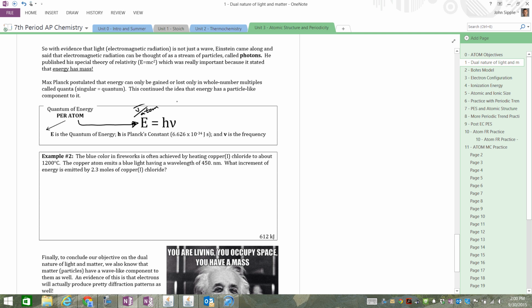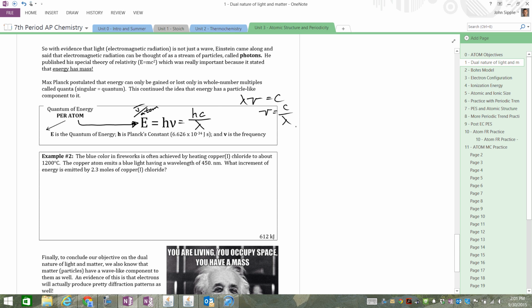So Planck figured out that his constant is 6.626 times 10 to the minus 34 joule seconds, which he uses here to associate with frequency. But from our equation on the first page relating frequency to the speed of light and wavelength, we can also set that up and have h times c over the wavelength, because frequency is equal to c divided by the wavelength.